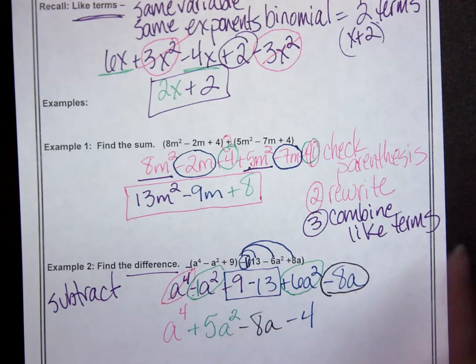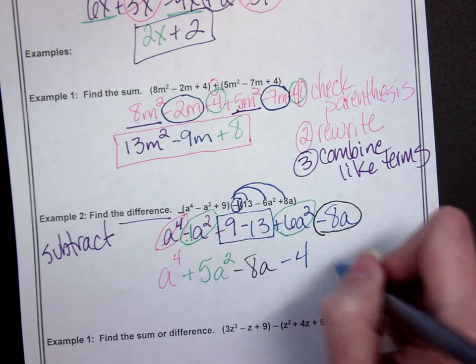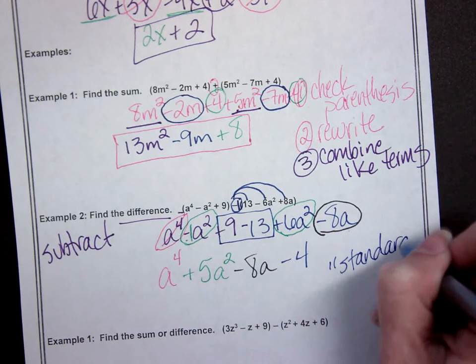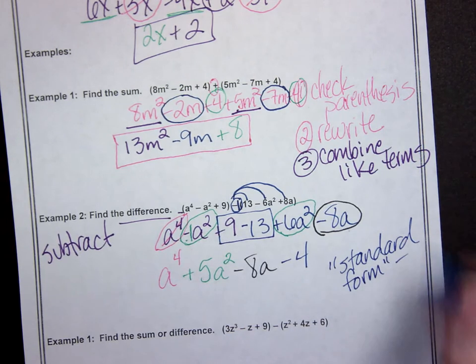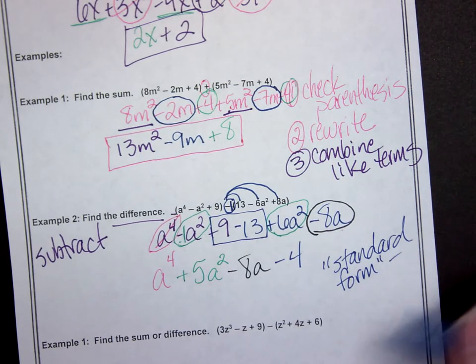Now, why did we go do all that out of order? Because we want to pay attention to standard form, which means that all of the variables with exponents, the exponents are in descending order.